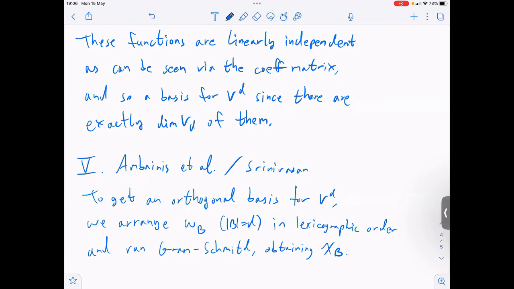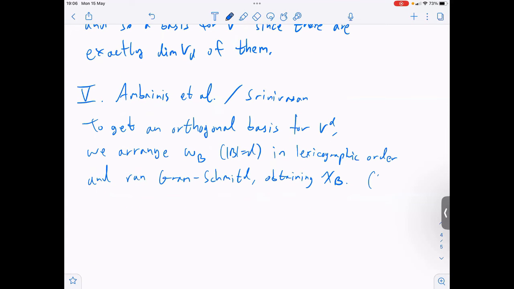Okay, so this is the construction of Nathan Lindzey.